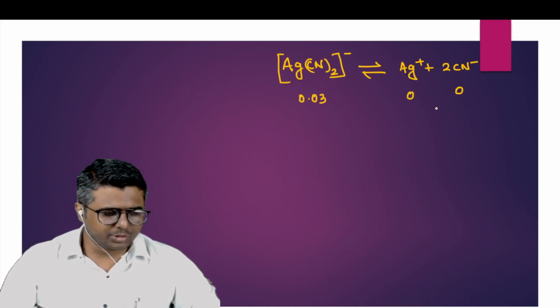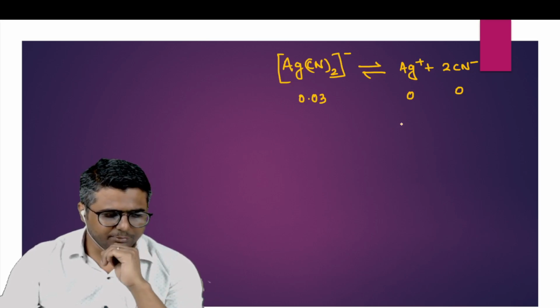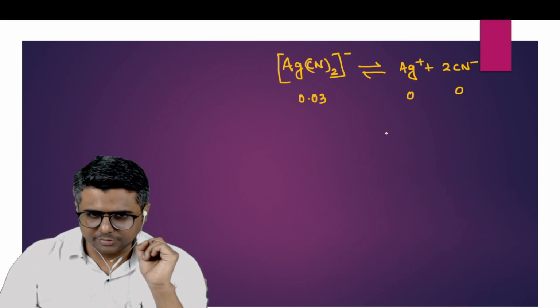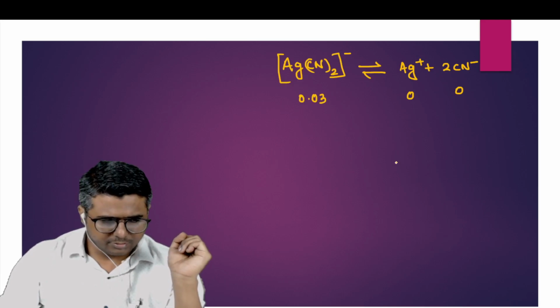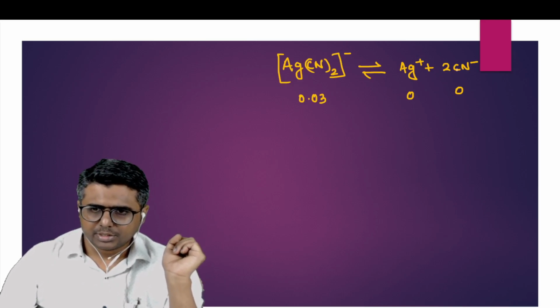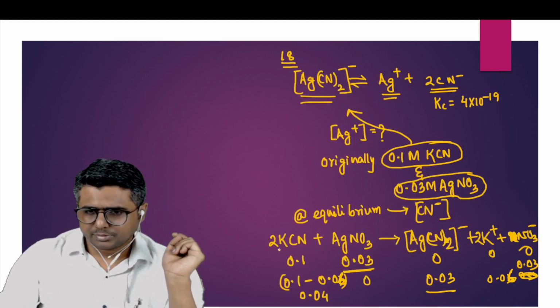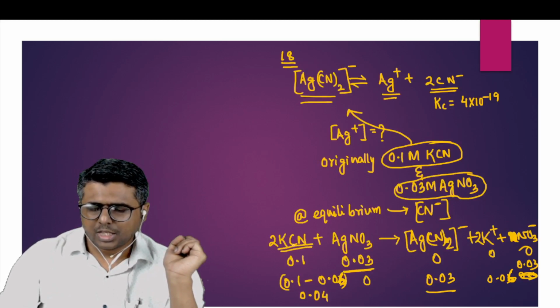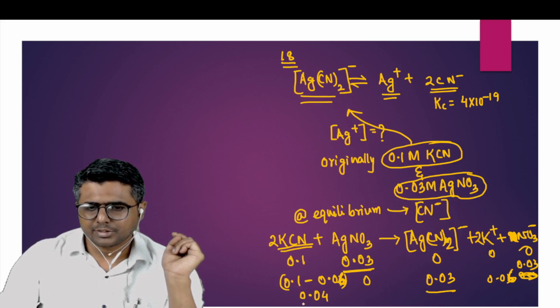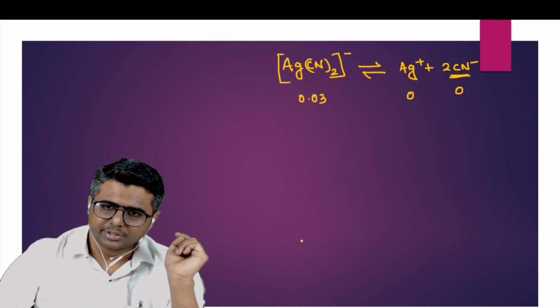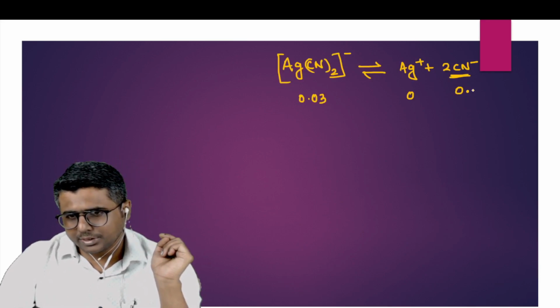This is 0 at start. After some time, it is going to get changed. But beforehand, one thing has to be remembered, that this CN minus also comes from KCN. How much KCN is left behind? 0.04 molar KCN is left behind. So initially there will be that 0.04 molar of KCN.